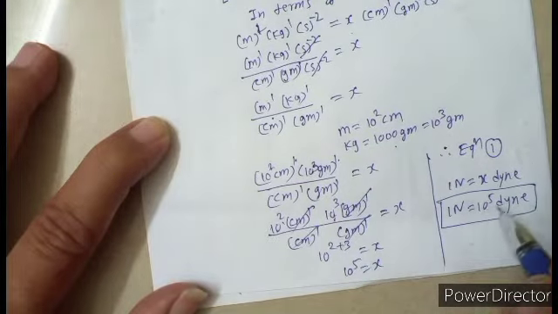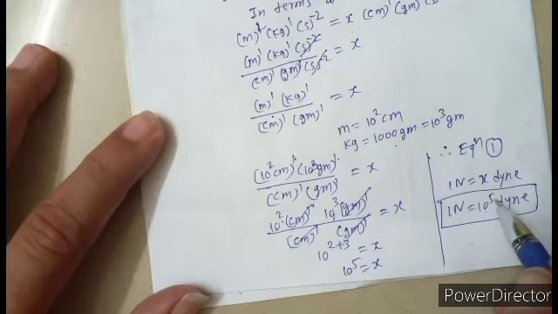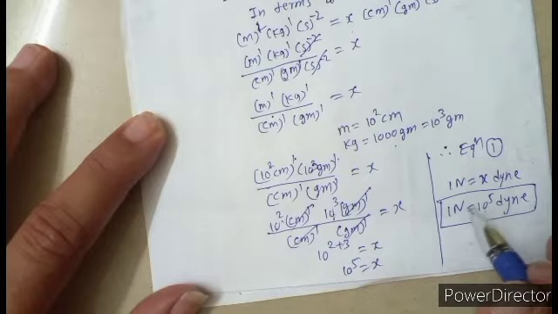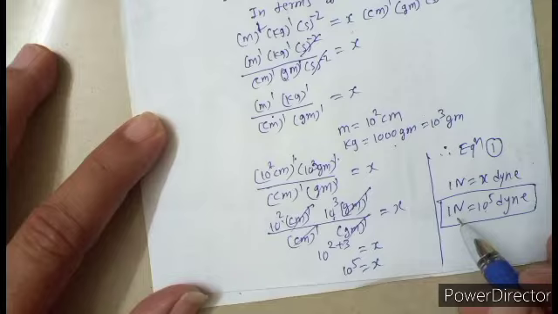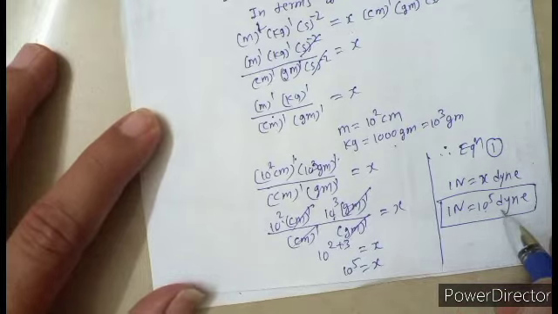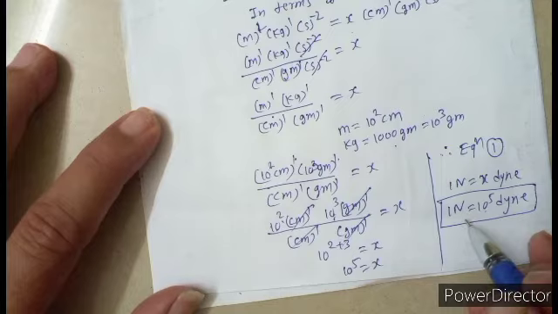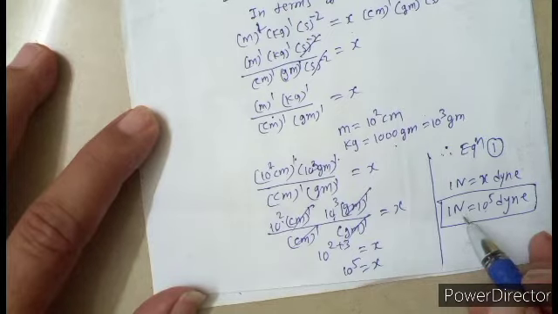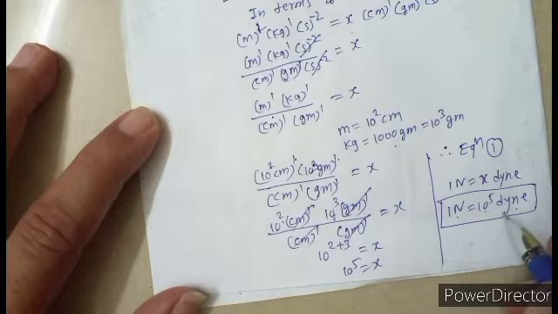So this 10 raised to 5 is a conversion factor between the unit of force in different systems of units, that means in the SI system and in the CGS system. When you want to convert the unit of force from SI system into CGS system, you must multiply by 10 raised to 5.